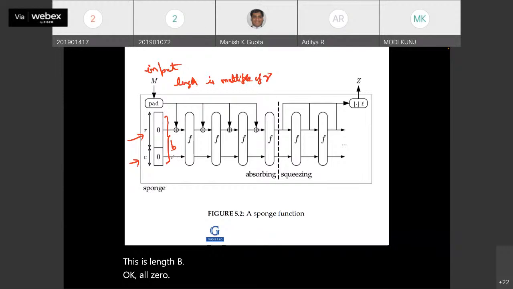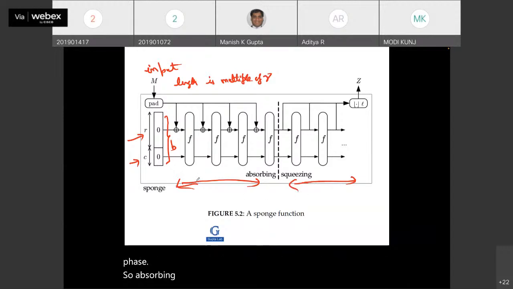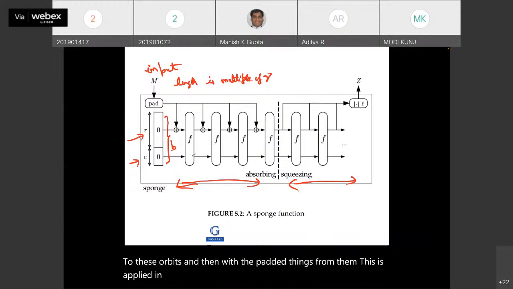Okay. So then there are two phases here. One is known as the absorbing phase of the sponge function, and the other is the squeezing phase. In the absorbing phase, basically, F is applied to these R bits together with the padded message, and this is applied in each state.